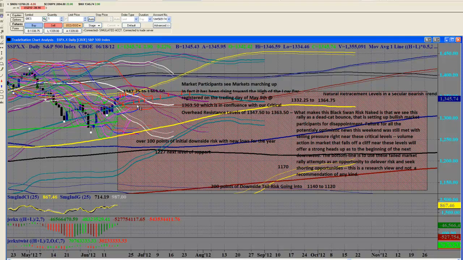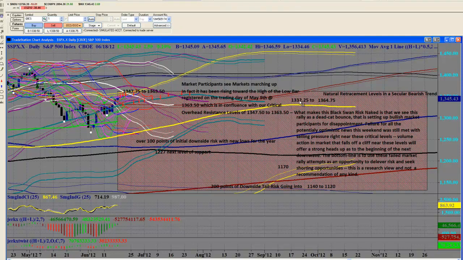And basically, what you're going to see here in the future, it shows over here 1332.25 to 1364.75 as long-term resistance, okay, as we progress into this risk window.